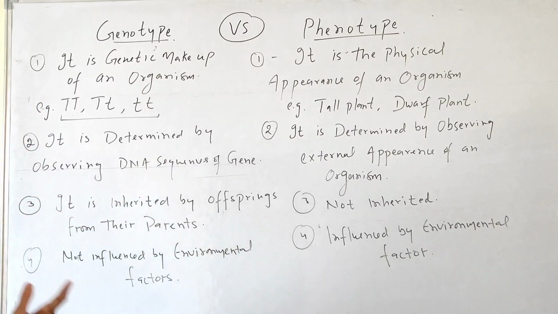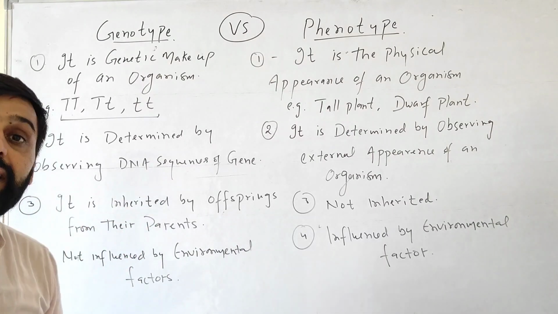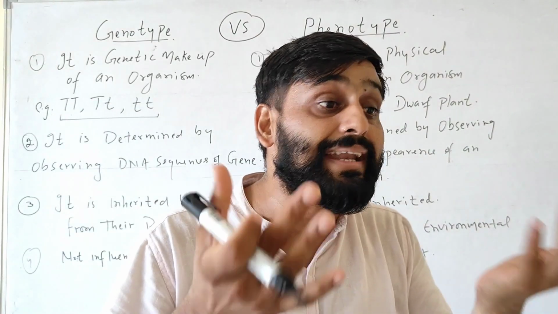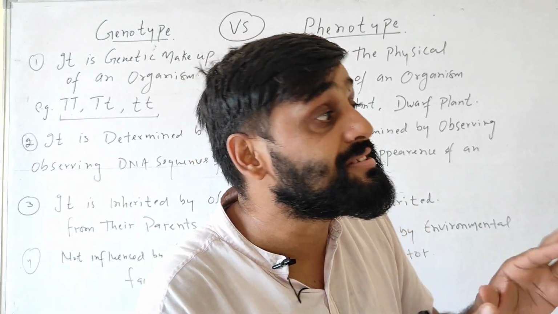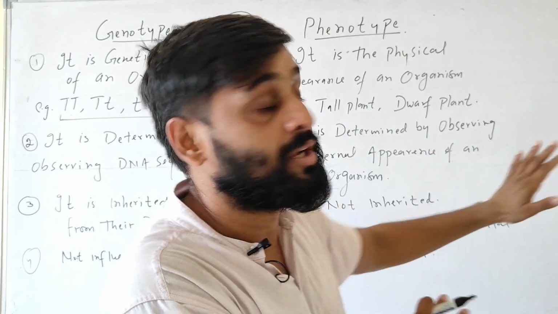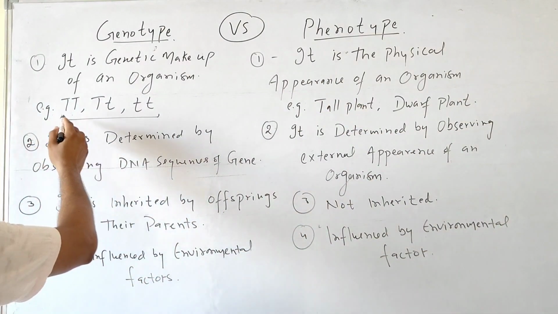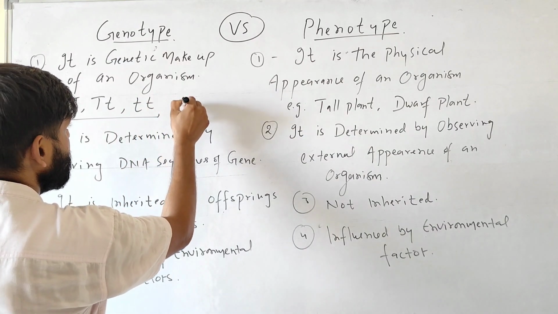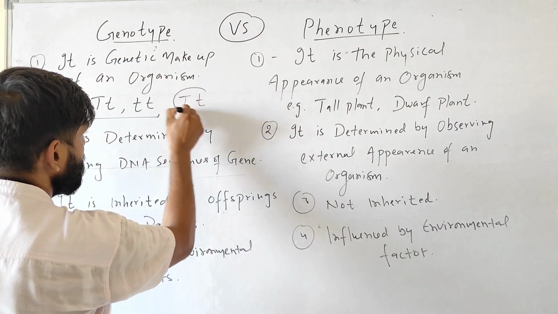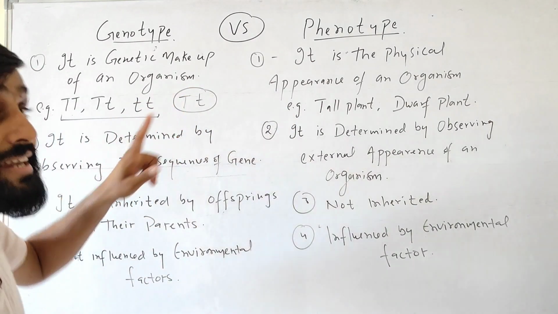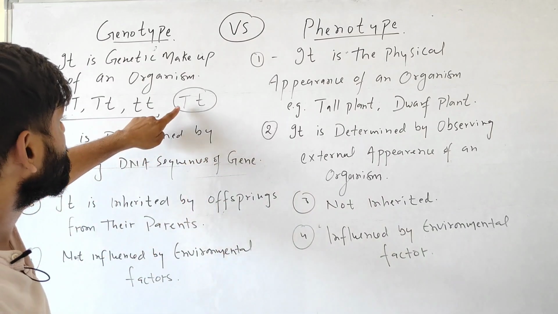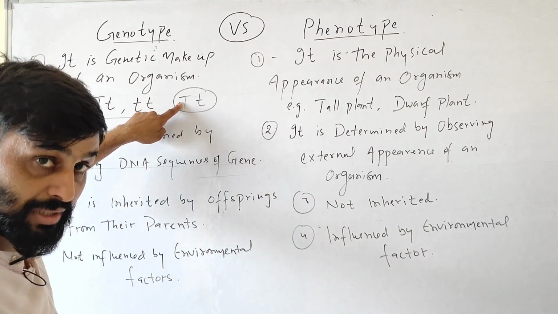Genotype is inherited by offspring from their parents. So all the genotype that an offspring has is inherited from its parents. Suppose this plant has genotype capital T small t. So this genotype is inherited from their parents.